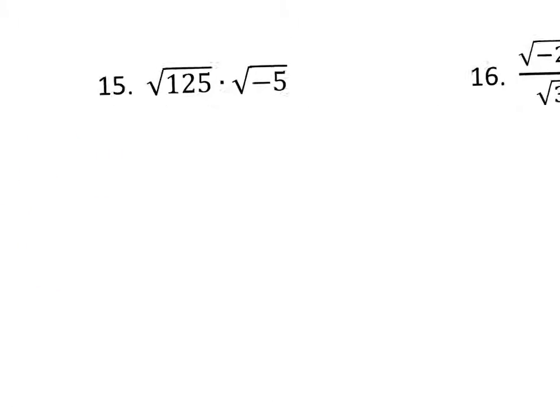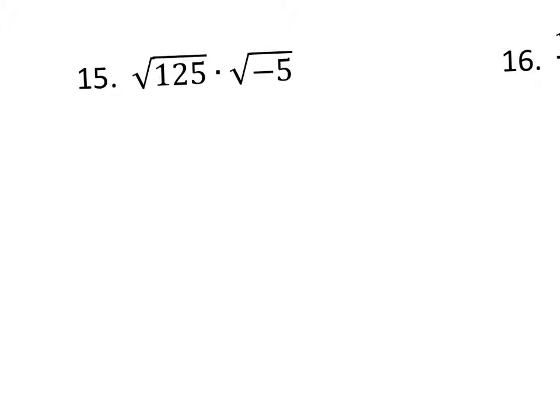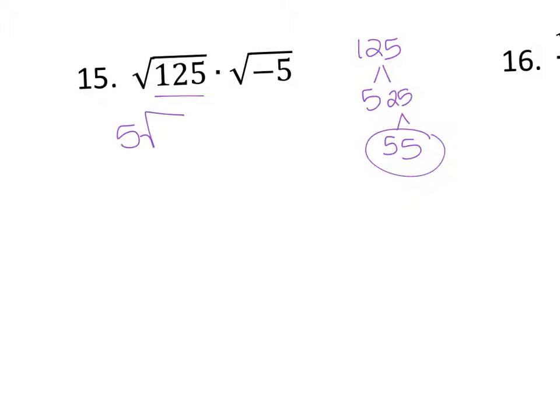What about number 15? Number 15, 125 is a pretty large number. I actually probably want to reduce that first. So 125, I can split it up into 5 and 25. 25's two factors are 5 and 5. Well, that means I'm going to have 3 5's. 2 of them will come out. So I'm going to have 5 square root 5.